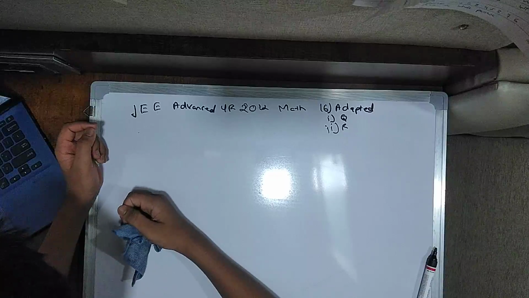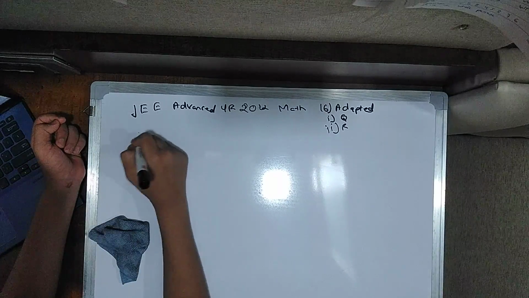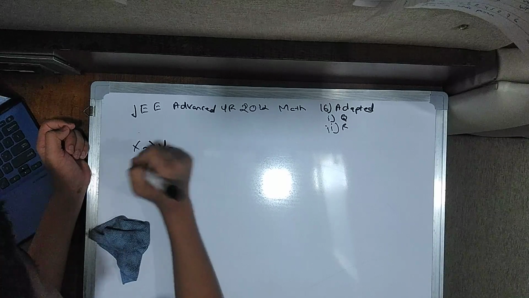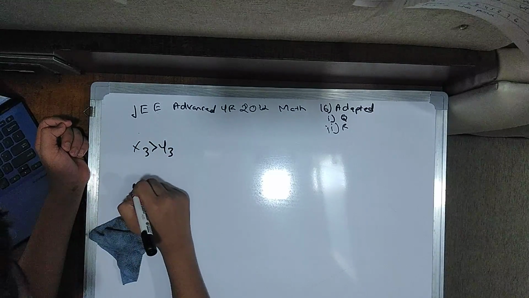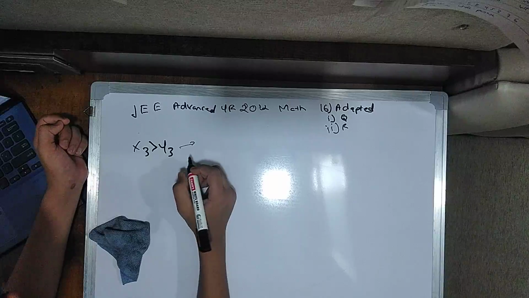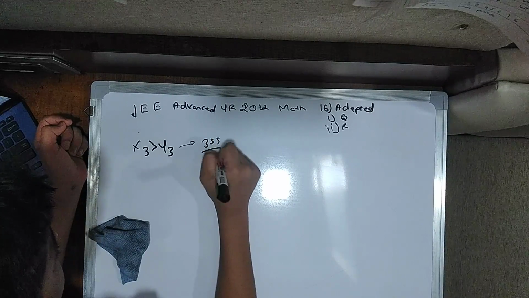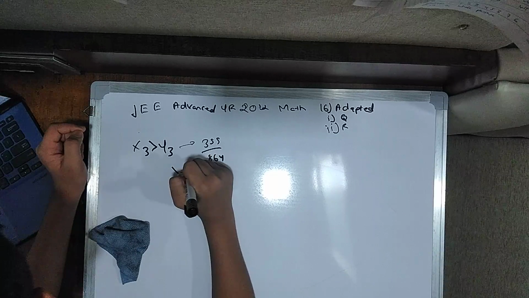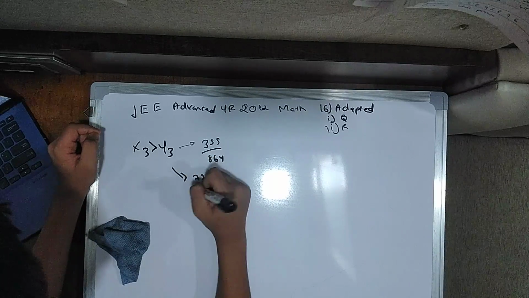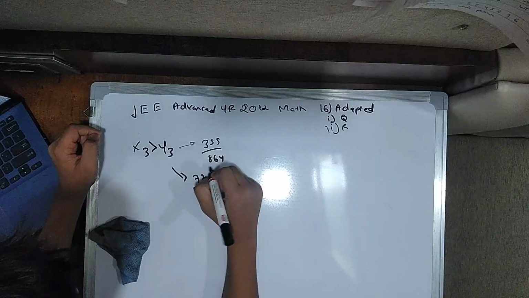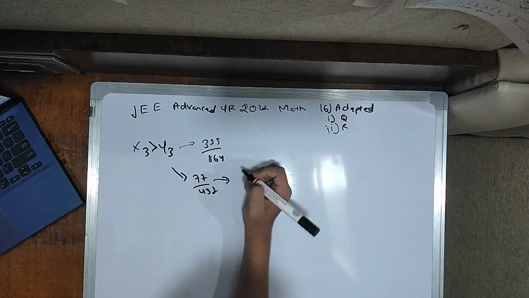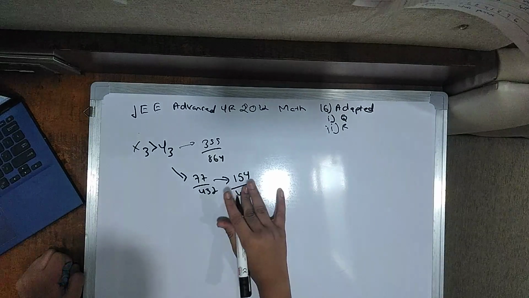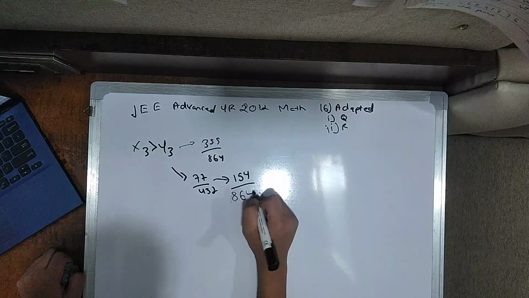Now A has S as the fourth one, which is x3 greater than y3, whereas B has T. S is 355 upon 864, and T is 77 upon 432. I'll just get this to the 864 because it's much better like that. I think it's 154, I'm not sure, upon 864.